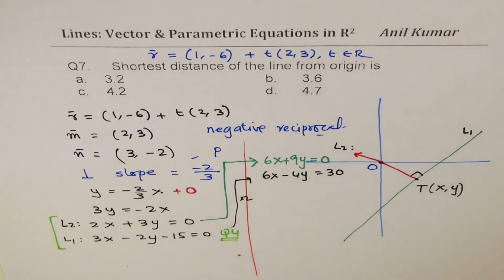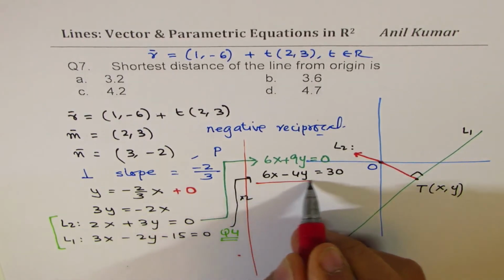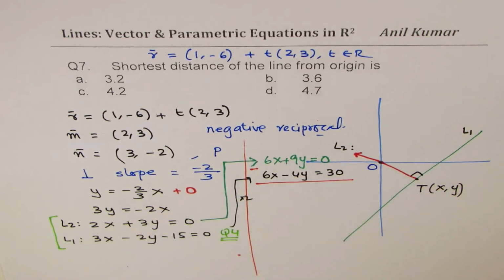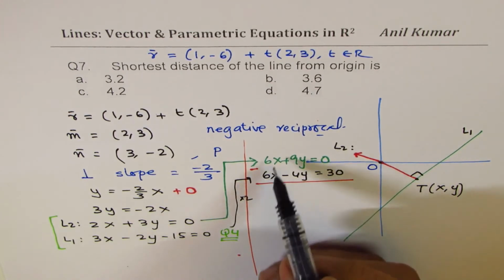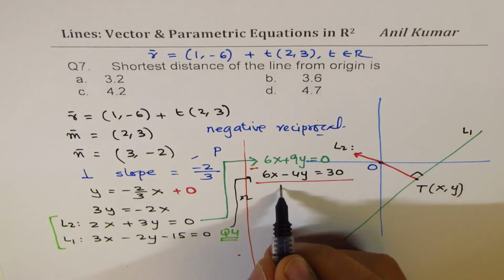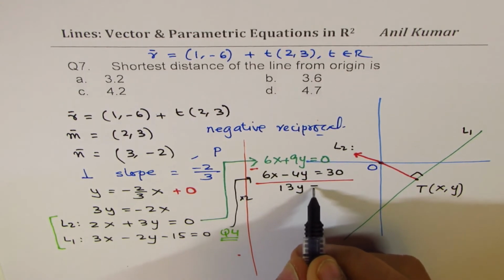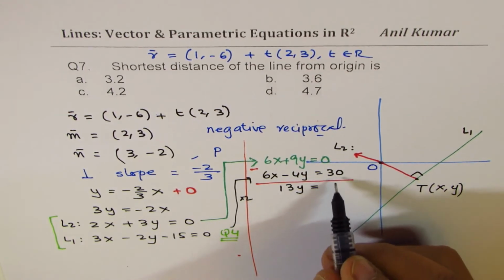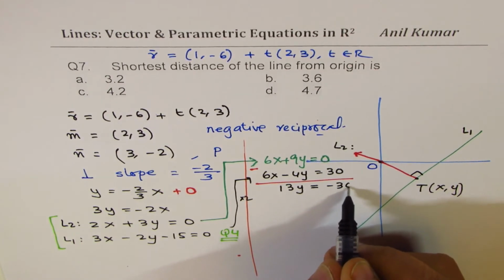Good. Now if you subtract one from the other, 6x will cancel and you get 13y equals minus 30.